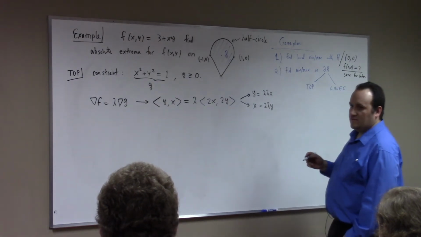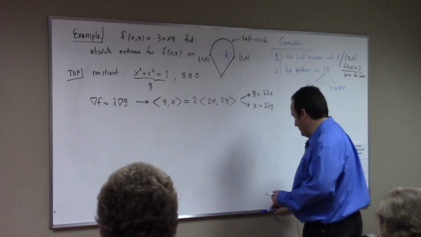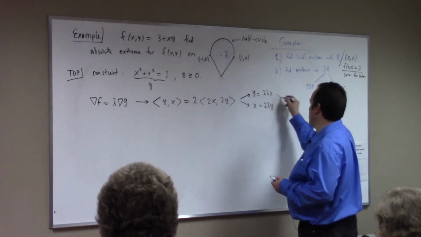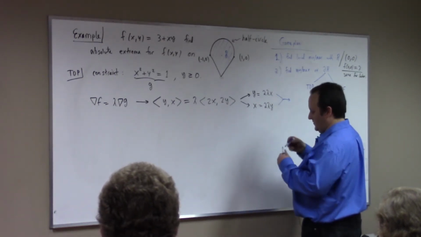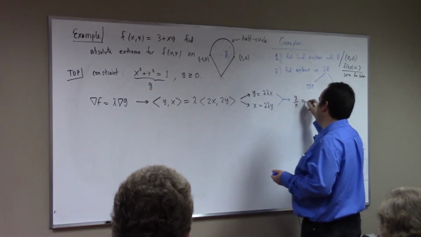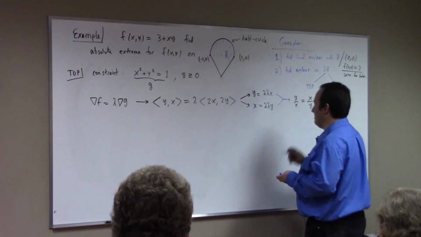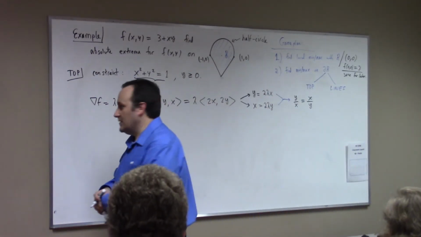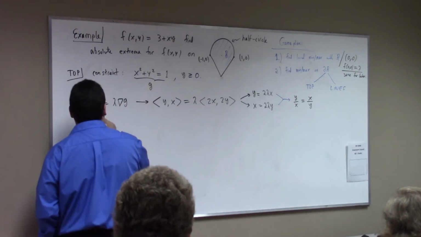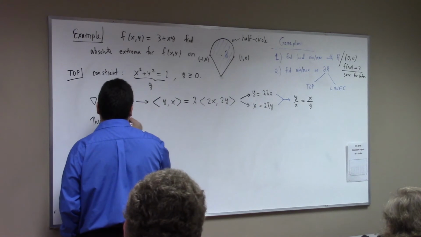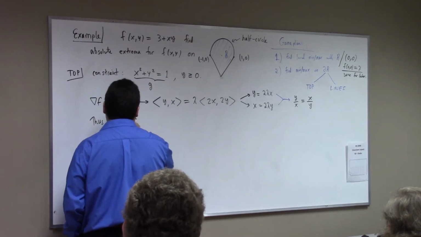Dividing these equations seems ever so nice to do, right? So dividing the equations gives me what? It gives me y over x equals x over y. Therefore what? Yeah, or x squared equals y squared, but yeah, sure.